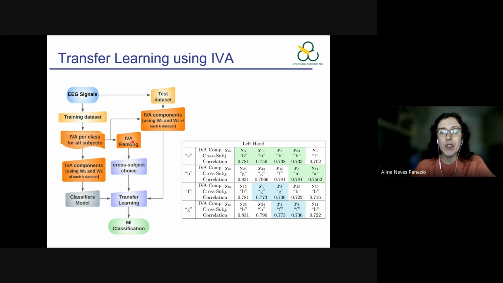And then we choose this second subject to test the classifier model that was defined here. So the classifier model is trained with the data from a first subject and is tested with the data from a second subject that is highly correlated with the first one.